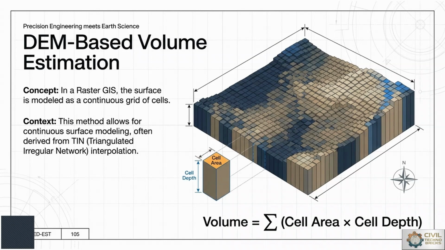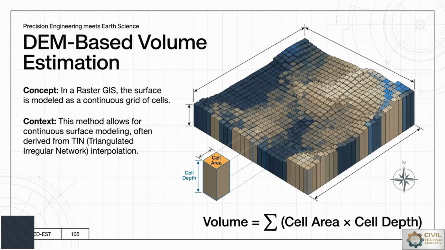This process allows GIS software to instantly calculate the total space within a reservoir or the amount of earth moved at a construction site by adding up the volume of every individual cell in the grid.